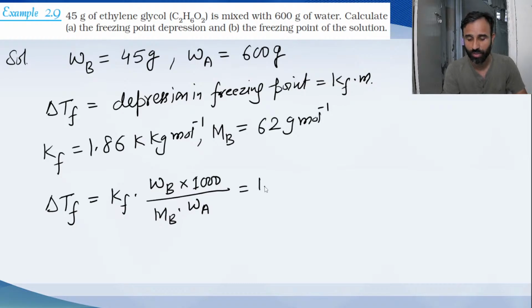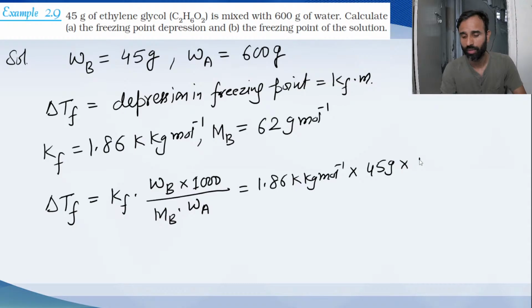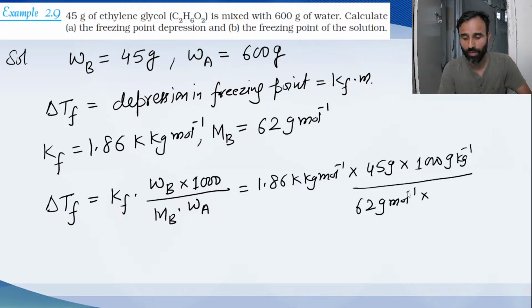Just put the values. 1.86 Kelvin kg per mole into WB. What is WB? 45 gram into 1000. It is gram per kg because 1000 is written to convert gram into kg. MB, 62 gram per mole into WA, that is 600 gram. Because weight of solvent is given in gram, that's why we write 1000.